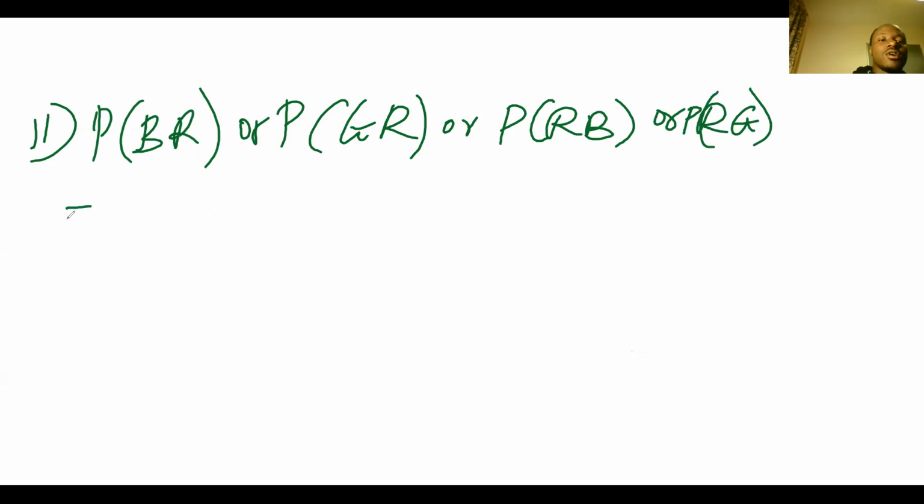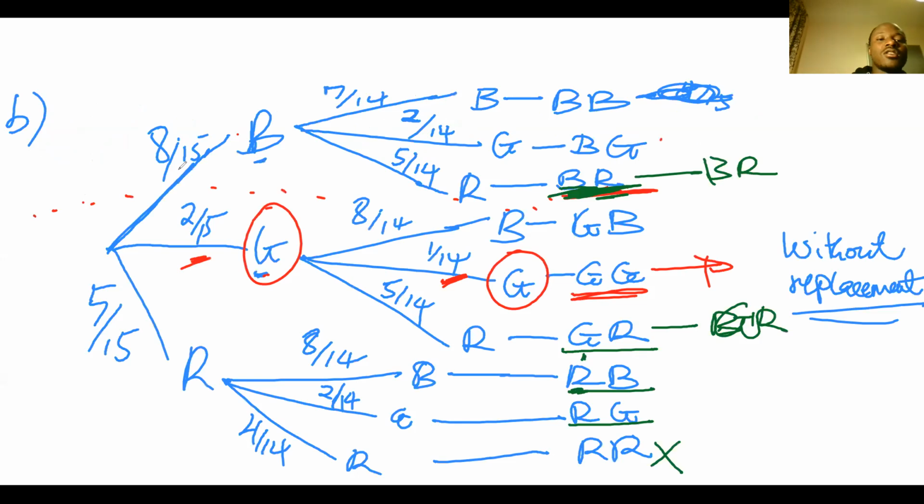So this, of course, will become what? The probability that it is blue, red from our tree diagram. It's 8 over 15 times, where is the red?